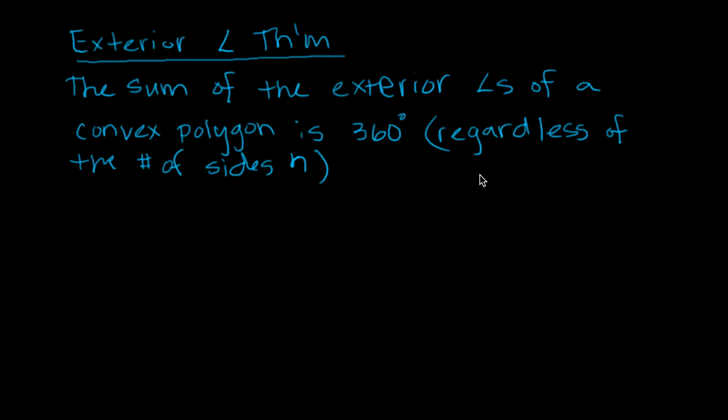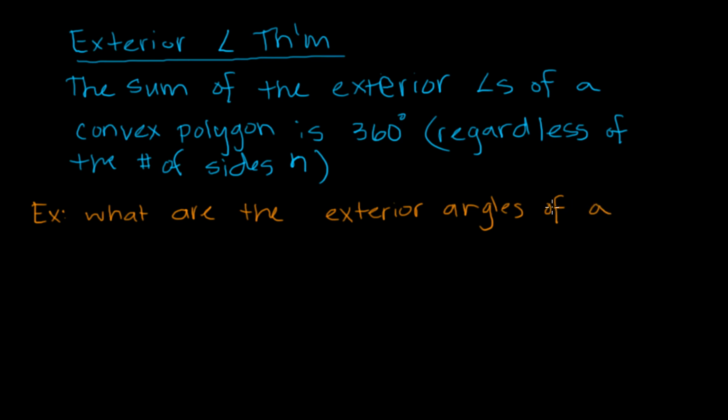So no matter what the number of sides is, the exterior angles are always going to add up to 360. Now, it would be a silly question for me to have a question like this, but I guess I could ask it on a test or on a quiz: question number 1, example, what are the exterior angles of a dodecagon going to add up to?